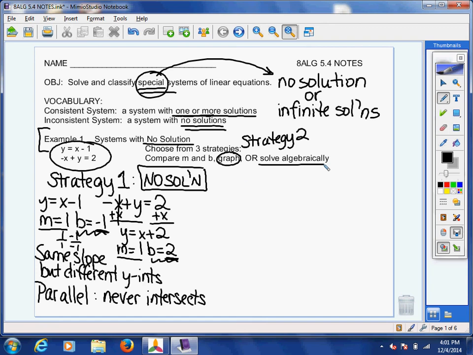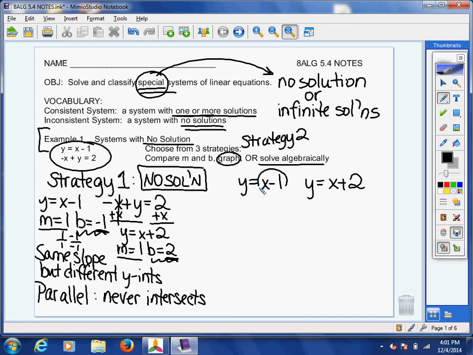Now for this strategy, we already rearranged it in strategy 1, so let's take the rearranged view, okay? So that's the standard form, -x plus y equals 2. That's the rearranged form of it, y equals x plus 2. And remember what I said when we studied substitution.